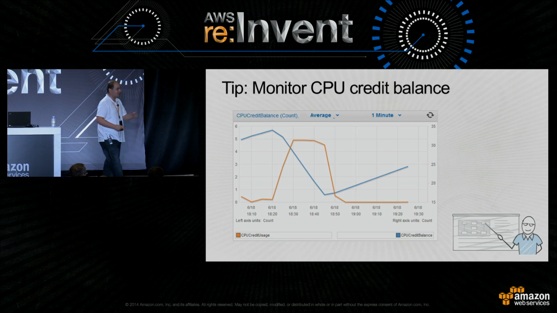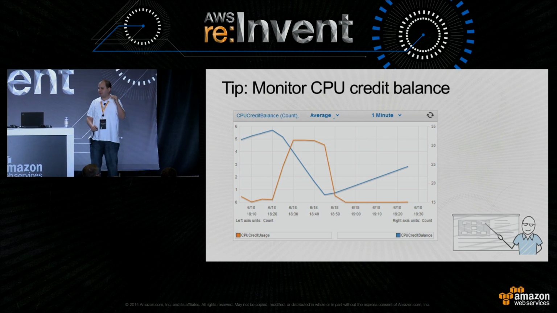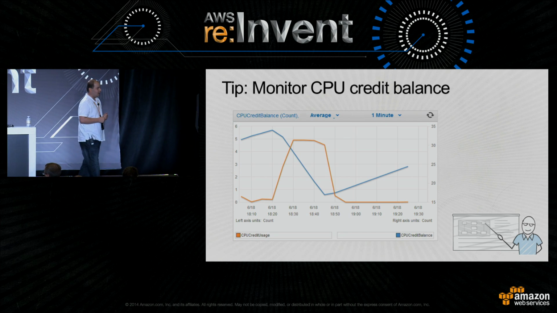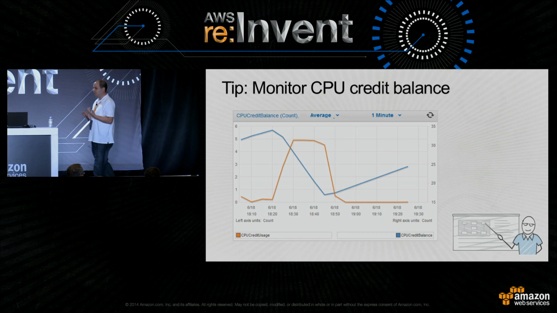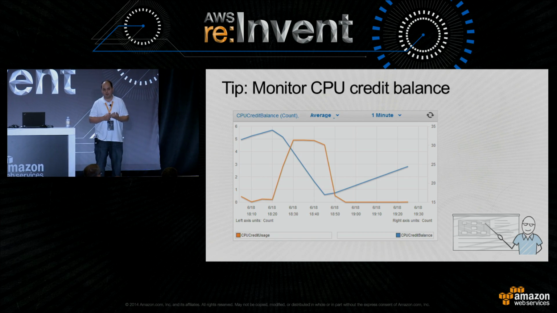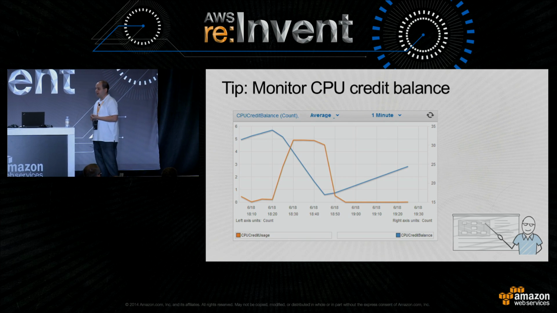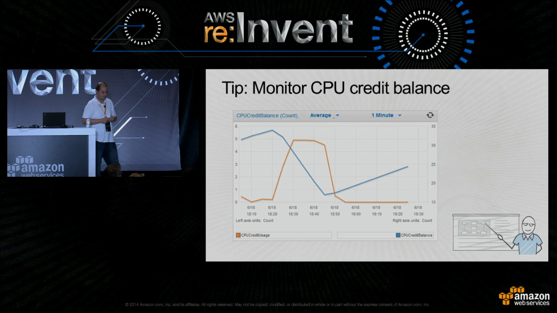And you can see the behavior in this graph, as I described earlier, where you start out with a nice, healthy credit balance when the instance launches. And then the orange line that sort of peaks and goes down is where Jeff kicked off a heavy CPU workload. And you can see that it starts using credits at a pretty fast rate, and it sustains that credit usage for some period of time.